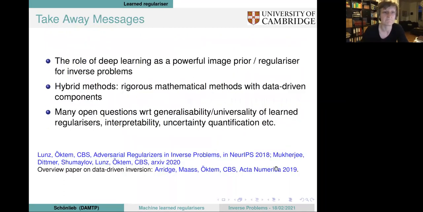So, all right, takeaway messages. Although you need to be super careful, I still think that deep learning has a lot of promise for solving inverse problems, if you combine it with the tools that we already have, in a way that still preserves some of the solution guarantees.